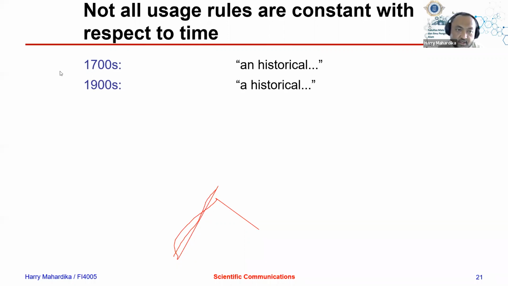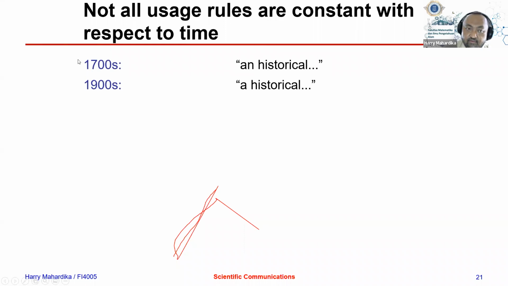So in the 1700s, or the 18th century, when we wrote "historical," it was always preceded by "an," "an historical," because in the past this H was not pronounced. History itself comes from Latin, but it was brought through French or Norman, and therefore the H is silent.